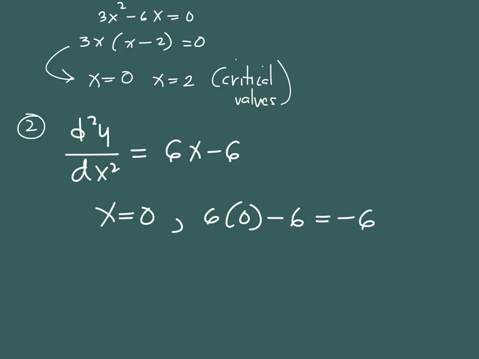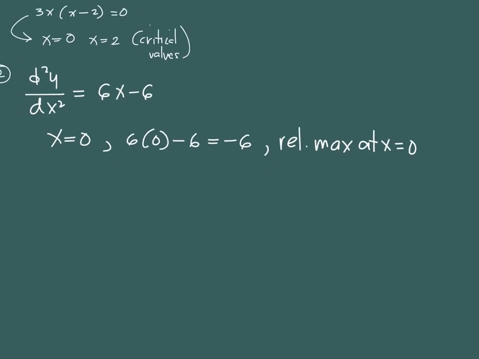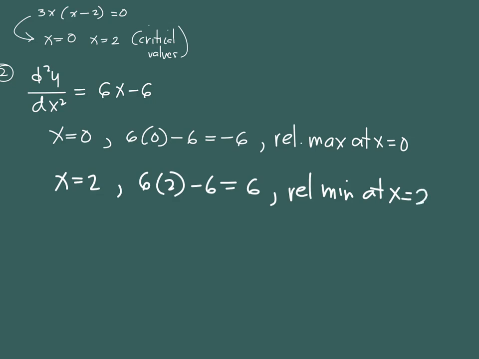A negative second derivative at a given number means you will have a relative maximum at x equals 0. Then, if x is equal to 2, that means 6 times 2 minus 6 is equal to positive 6, and that will give us a relative minimum at x equals 2.